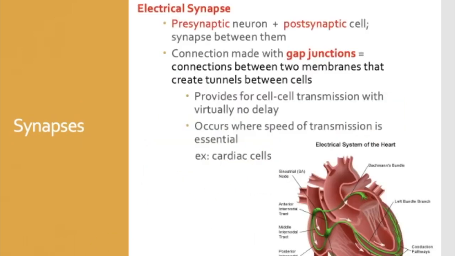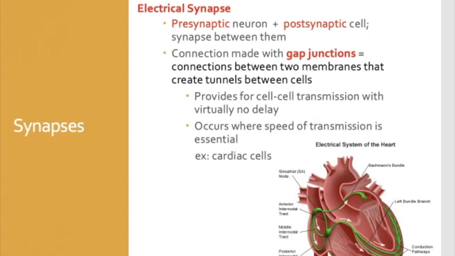Remember, the only drawback to the electrical synapse is that it's an all or none. In other words, whatever the strength is of the electrical signal that is coming down the presynaptic neuron, it's going to be transmitted to the postsynaptic cell in the exact same strength. And again, there are times in the body when that's fine, when that works perfectly.